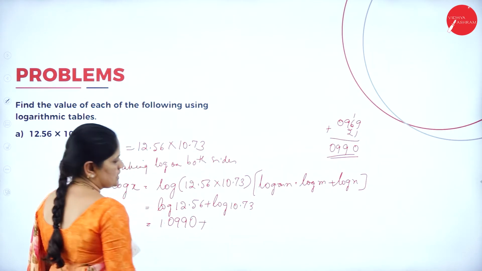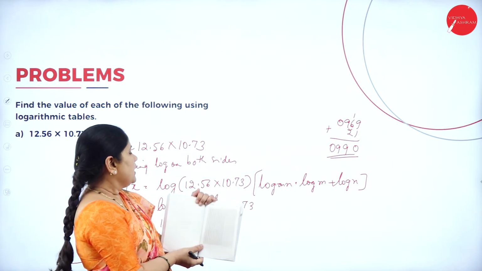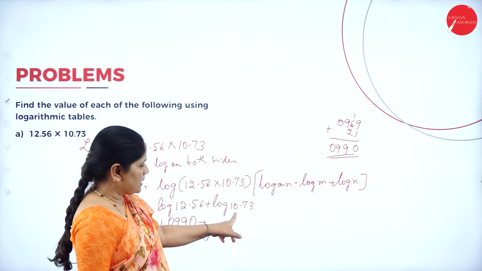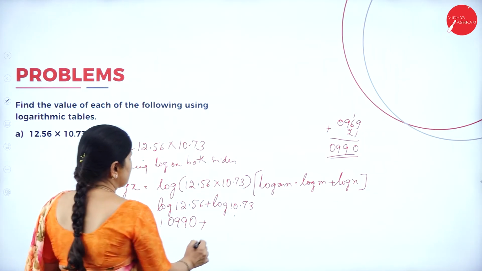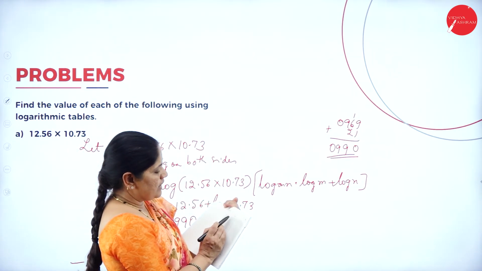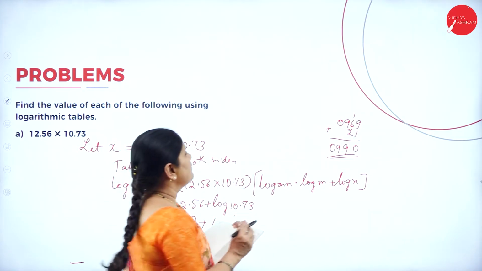So I will write it here 0990 plus log of 10.73. Now I have to see the number of digits to the left of the decimal. How many digits are there? 2 digits. So 2 minus 1 is 1. 1.107. What is the value of 7? 0294.